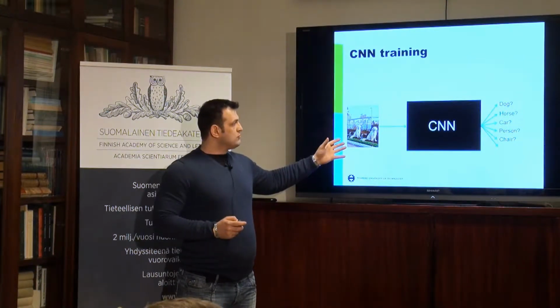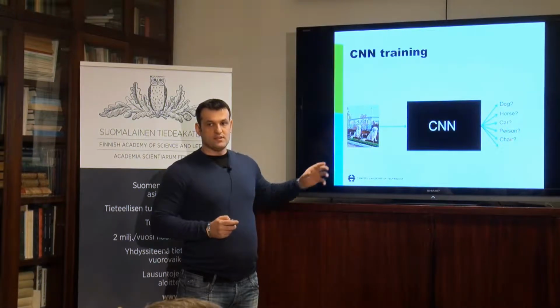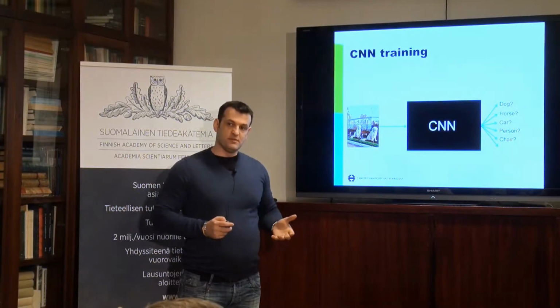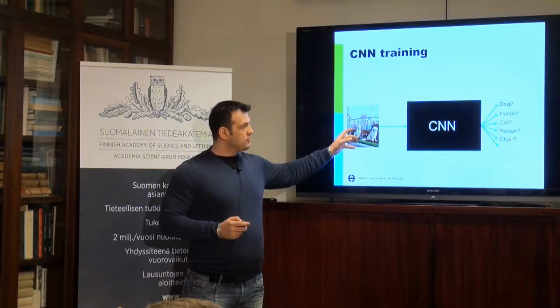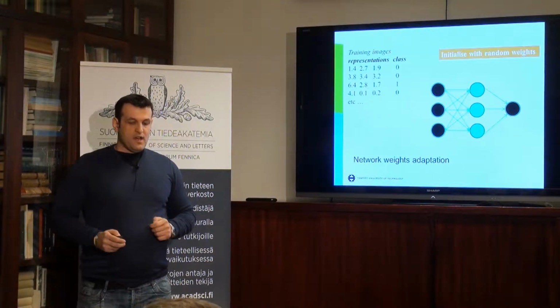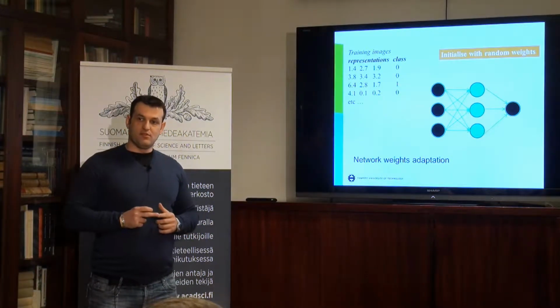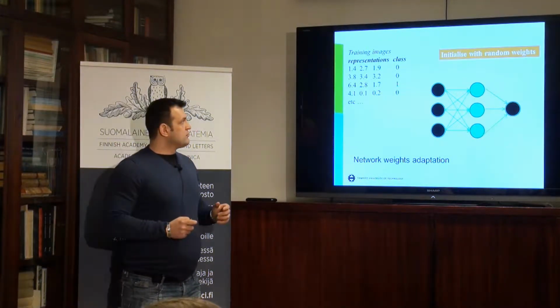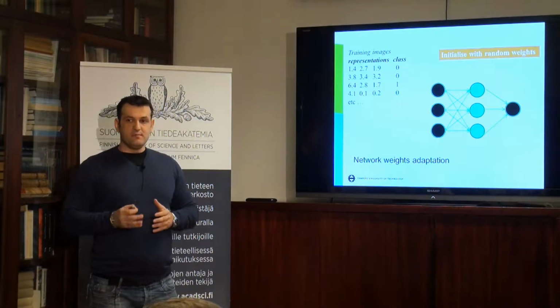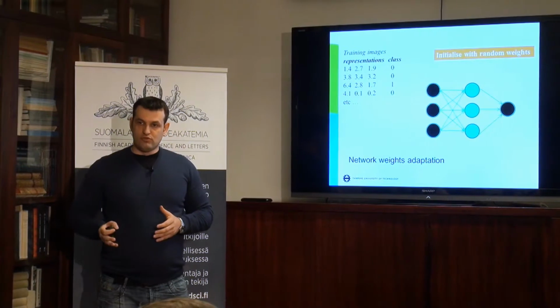So what we want to do is to feed an image to the network, which the network has not seen previously, and the network should be able to correctly recognize the classes that the image belongs to. How are we doing this? We randomly initialize the weights and the filters of the network, and then we introduce a set of images for which we know the classes that they belong to.